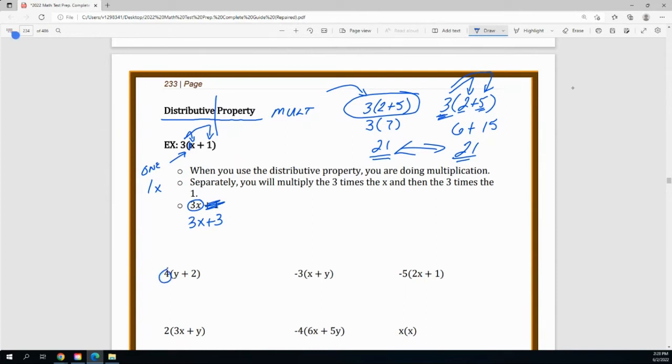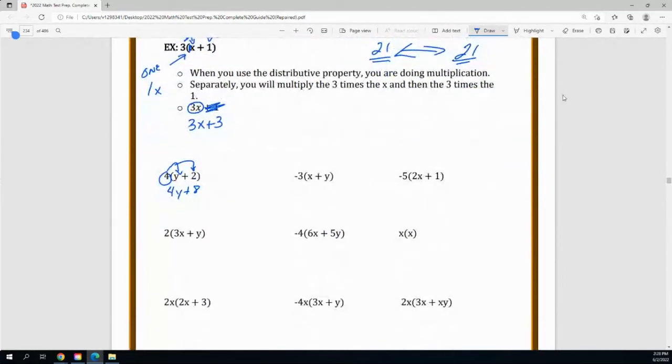You want to try again? Let's take this 4 and distribute it across. Ready? 4 times y, 4y, plus 4 times 2, 8. Good job. Let's try another one. Now, notice this time, you're going to be using a negative number. You need to remember that. So this is going to have to use your rules of integers.